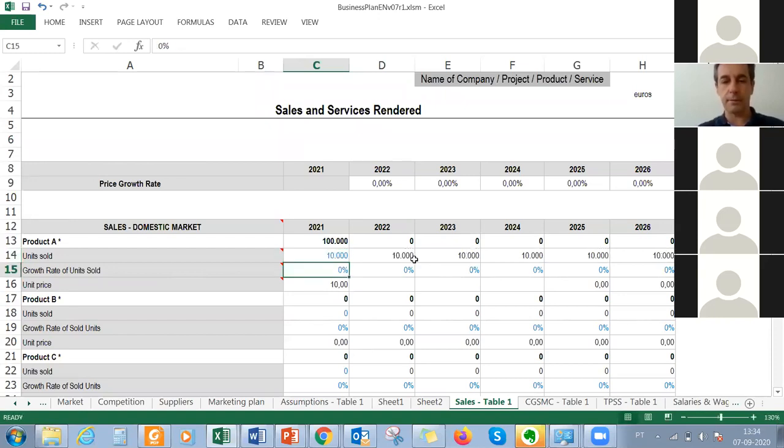I believe we can sell 10,000 units at 10 euros. Then in the second year, we believe the price will remain the same, but we will be able to double the number of sales.